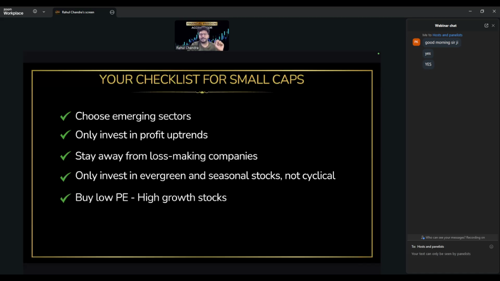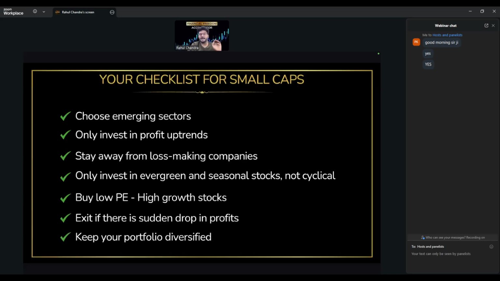Fifth, buy low PE, high growth. That is the zone that we want to operate at. Sixth, exit if there is a sudden unexplained drop in profits. And last but not the least, your seventh checklist is to keep your portfolio diversified. Now, I have shared with you the 7 checklist framework that you can use for small caps.